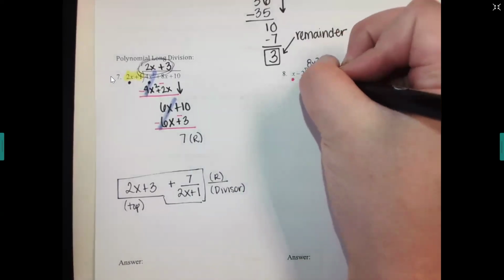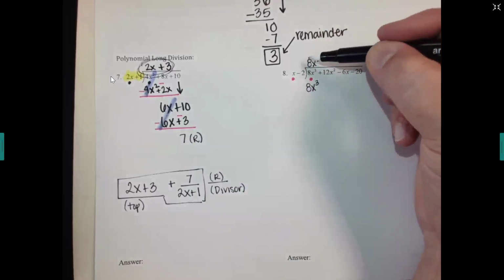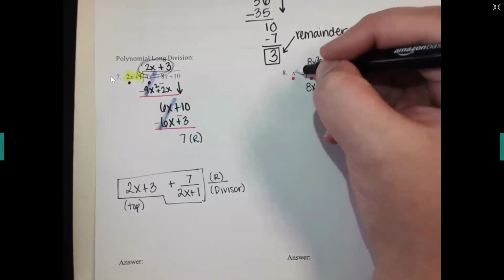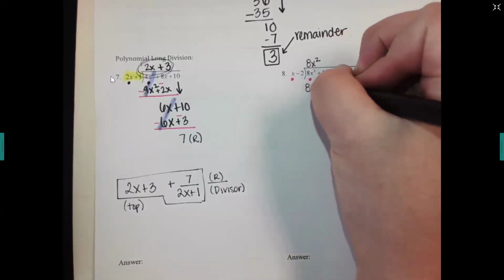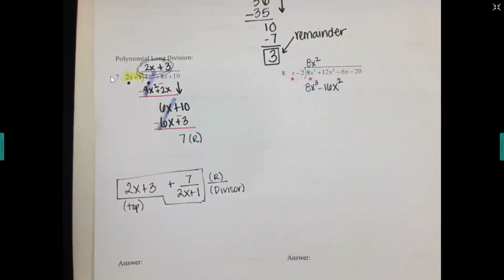That has to be a perfect match, and it is. But then I'm also going to times the 8x squared with the minus 2. How many is that? 8x squared times minus 2. Negative 16x squared. Now remember, your next step is to subtract that row from what's above it.